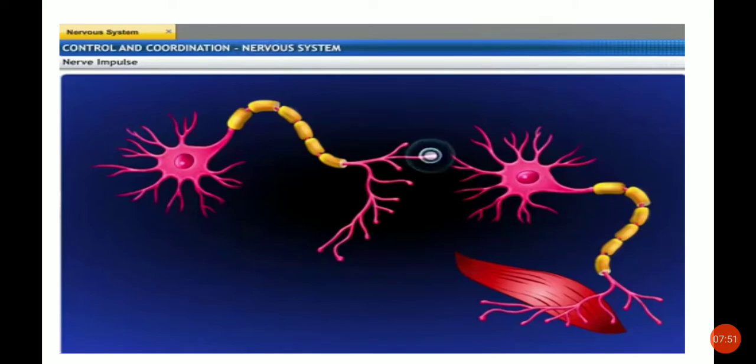At the end of the axon, the electrical impulse releases some chemicals which cross the gap, called the synapse, and start a similar electrical impulse in a dendrite of the next neuron. This is generally how nervous impulses travel in the body. This process continues till the impulses are delivered to other cells, such as muscle cells or glands.